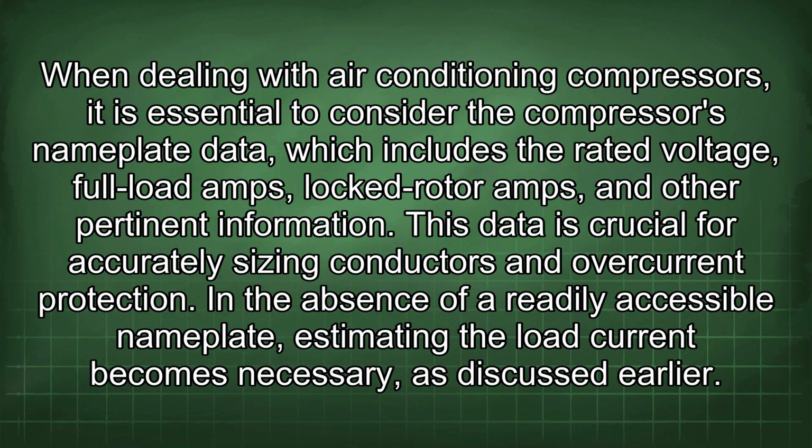When dealing with air conditioning compressors, it is essential to consider the compressor's nameplate data, which includes the rated voltage, full load amps, locked rotor amps, and other pertinent information. This data is crucial for accurately sizing conductors and overcurrent protection. In the absence of a readily accessible nameplate, estimating the load current becomes necessary, as discussed earlier.